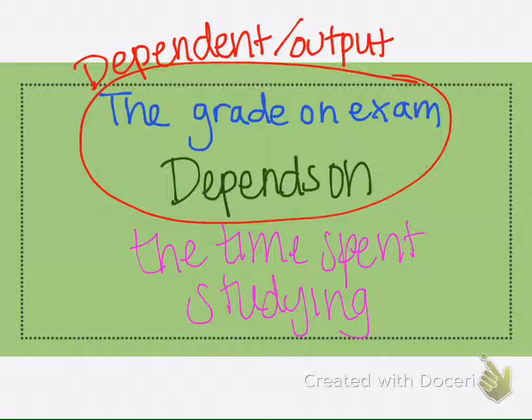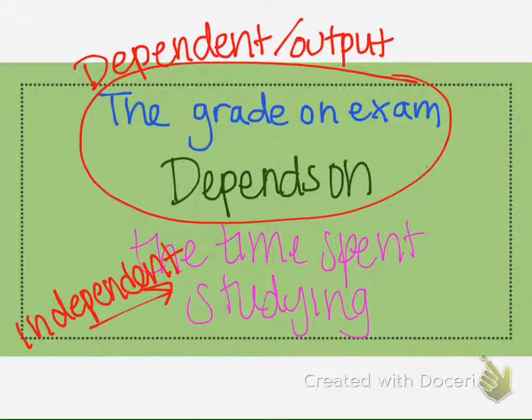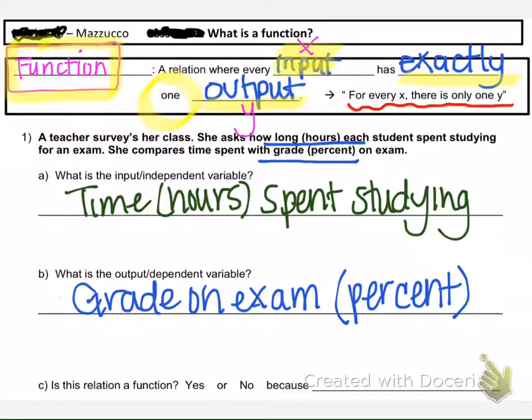That would leave us with the time spent studying as the independent variable, which also is called the input variable. So the independent variable is the time, measured in hours that the students spent studying, and the output or the dependent variable is the grade on the exam, and it's measured in percents.